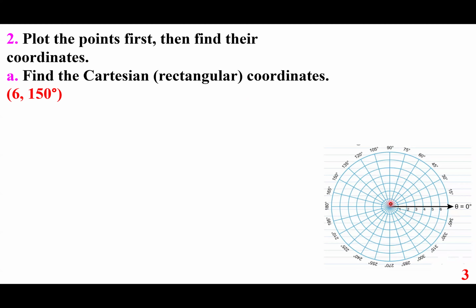That's how you locate them. First and foremost you locate the angle, in this case 150 degrees. Then you go how many tick marks? 6. That means if each circle represents 1 tick mark, go to the 6th one. Okay, 1, 2, 3, 4, 5, 6.